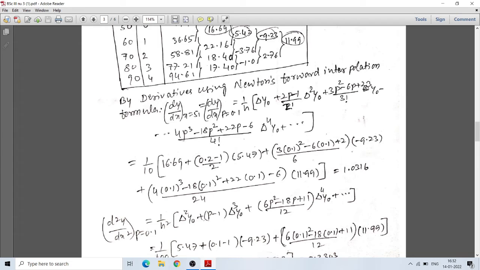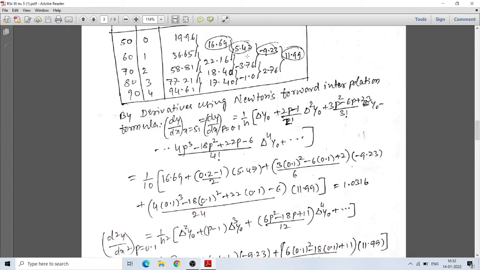Then delta square y naught value is 5.47 here. Substitute 3 as it is, p value is as I told 0.1, so 0.1 whole square minus 6 of 0.1 plus 2.